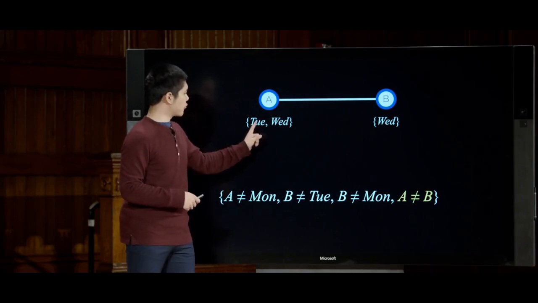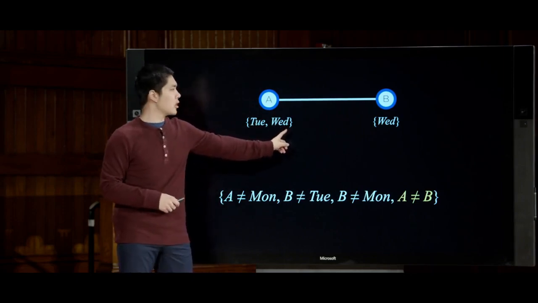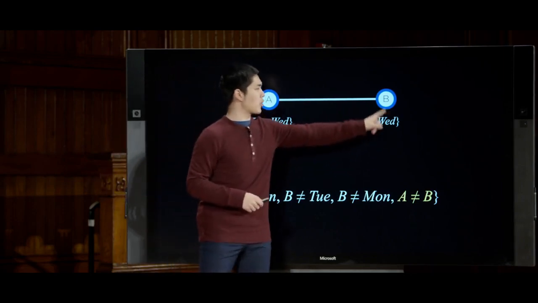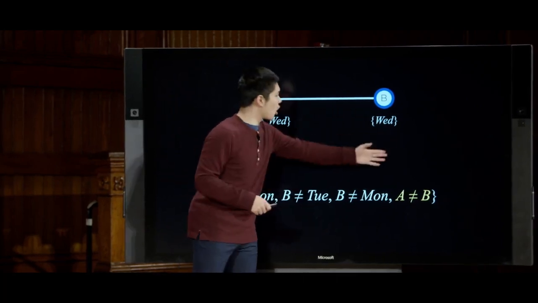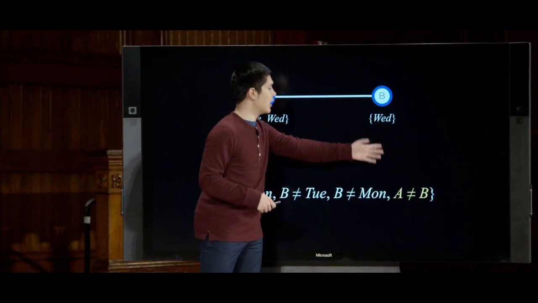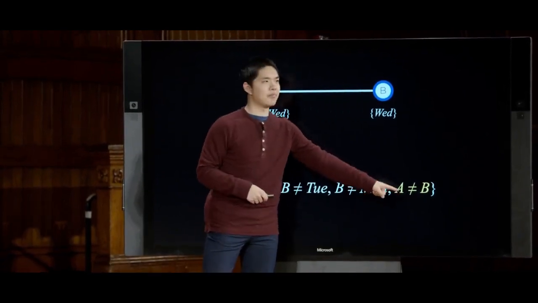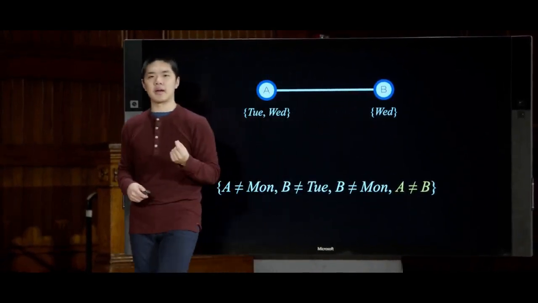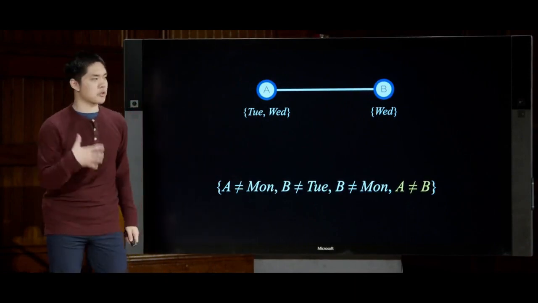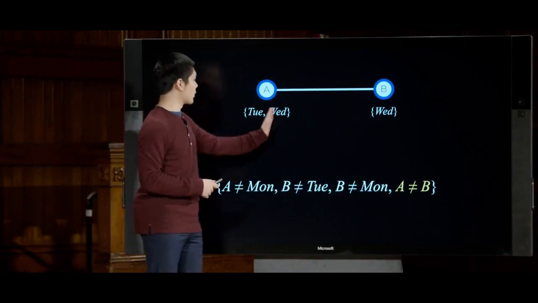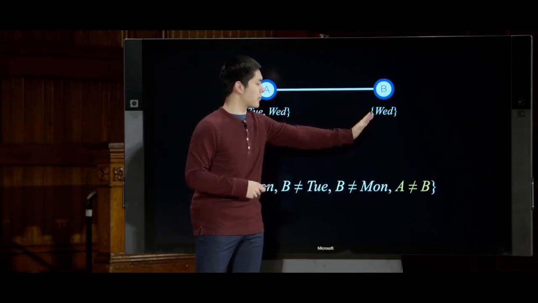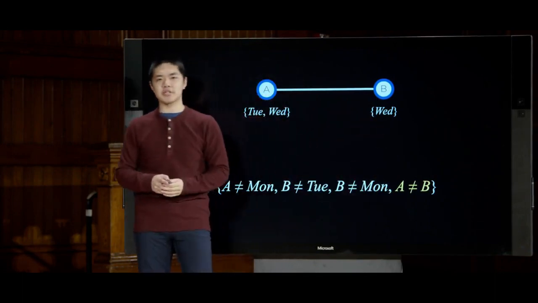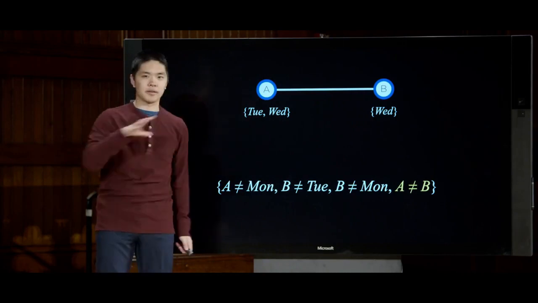However, if we chose Wednesday for A, then there is no choice in B's domain that satisfies this binary constraint. There is no way I can choose something for B that satisfies A does not equal B, because I know B must be Wednesday. So if ever I run into a situation where there is a possible value for A such that there is no choice of value for B that satisfies the binary constraint, then this is not arc consistent.